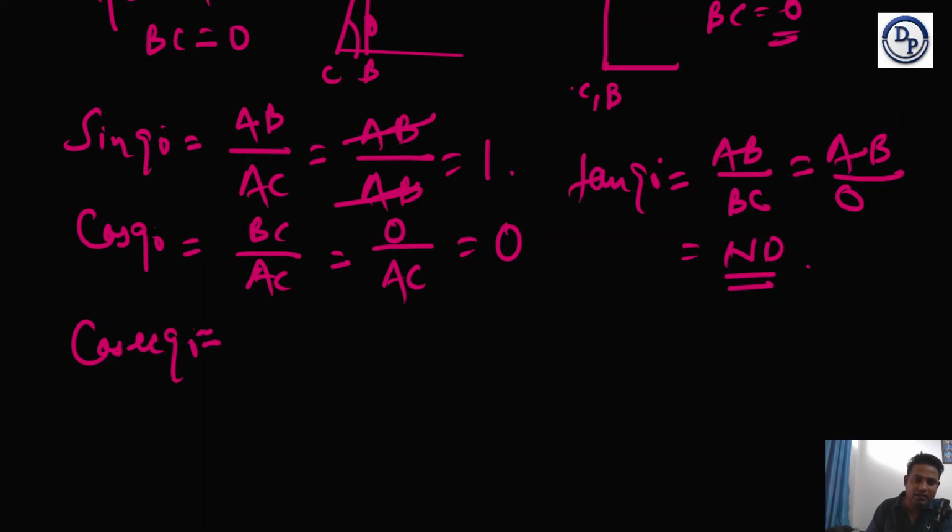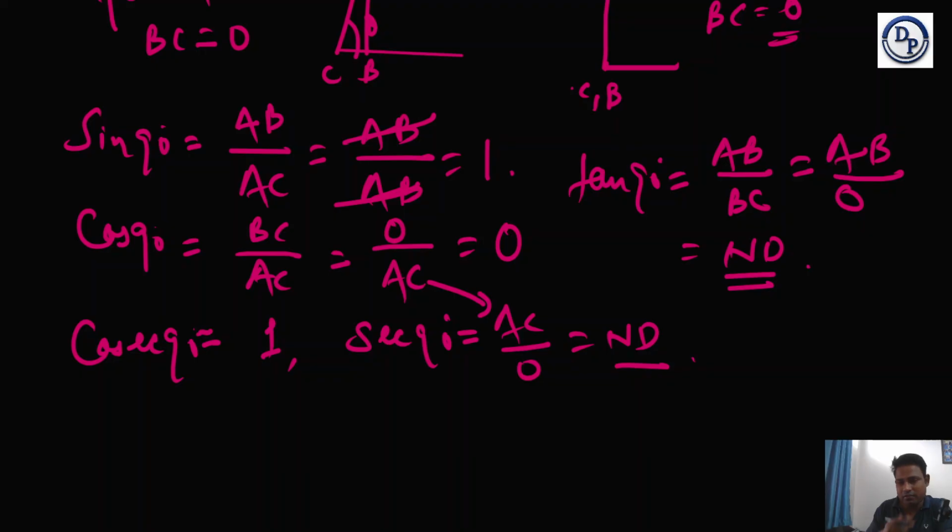In the cosec, ultimately, sin 90 is 1, so the reciprocal, cosec 90, is obviously 1. What about sec 90? The reciprocal of cos 90, that is AC by 0, you can see here, AC by 0. So it is not defined. Okay, sec 90 is not defined.